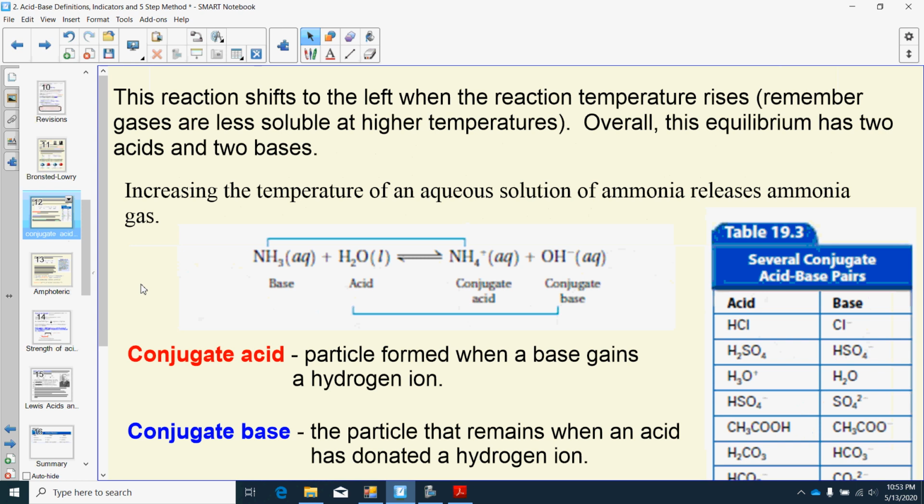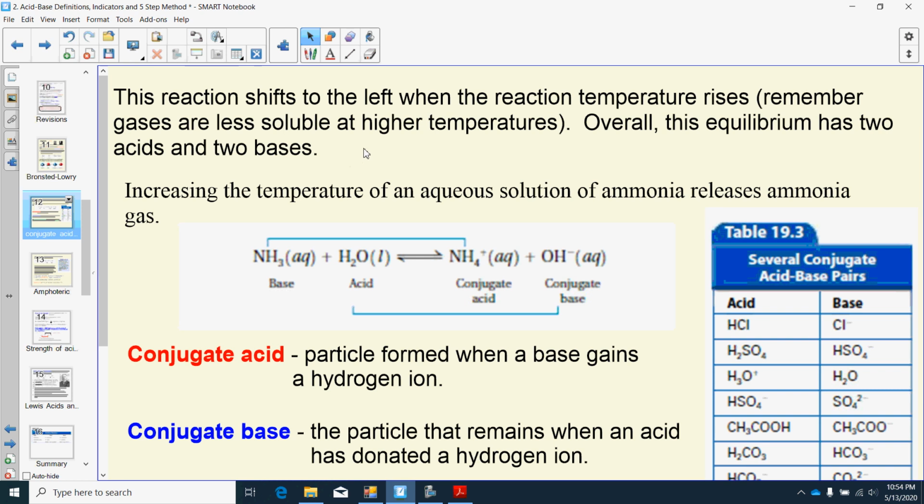So this reaction, same one we were just looking at, ammonia, water, ammonium, and hydroxide. You can see it's got equilibrium arrows here, so it's an equilibrium reaction. So these two react to form these two compounds. But you might not have known, if you didn't get a chance to talk about gas laws in grade 11, what if we increase the temp?